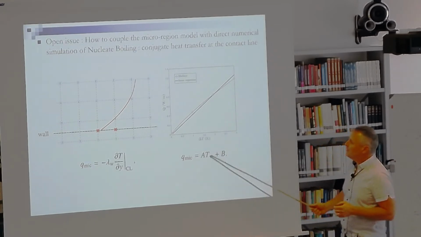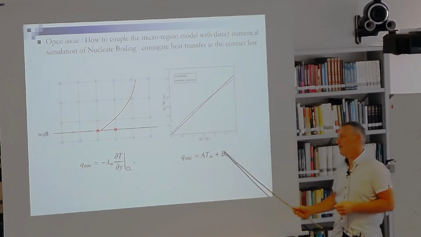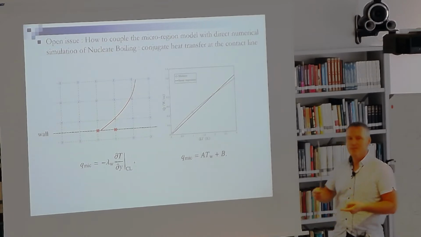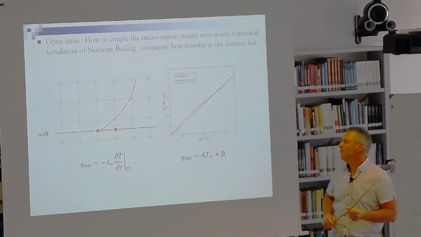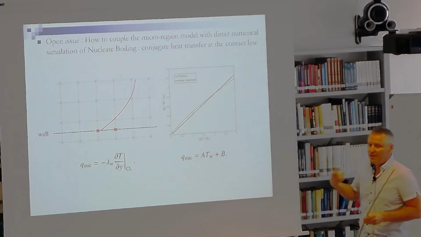Of course, we do not have any analytic relation, but we have to define some coefficients to define a linear relation, depending on many simulation data which have been performed for several superheats and variations of several other variables.